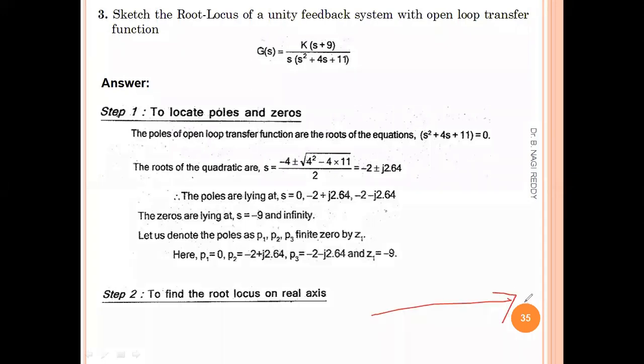Take the x-axis as the real axis and the y-axis as the imaginary axis. Take the linear graph and draw xy coordinates. This is the positive real value, and this is the negative real value. Here this is positive j, j means imaginary, and this is negative j.